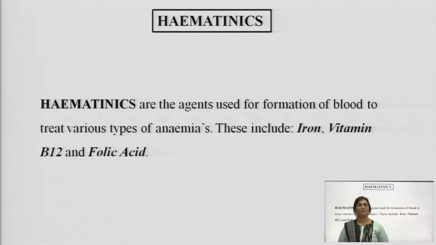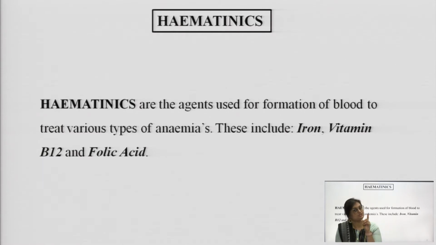Now, what is hematinics? We have been talking about hematinics for about the last 2 minutes. What is meant by hematinics? Hematinics are the agents used for the formation of blood. These are agents used for the formation of blood to treat various types of anemia.